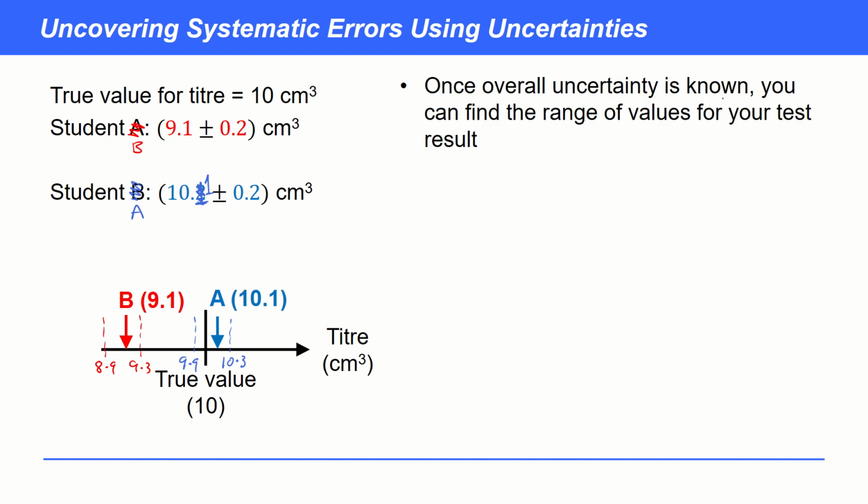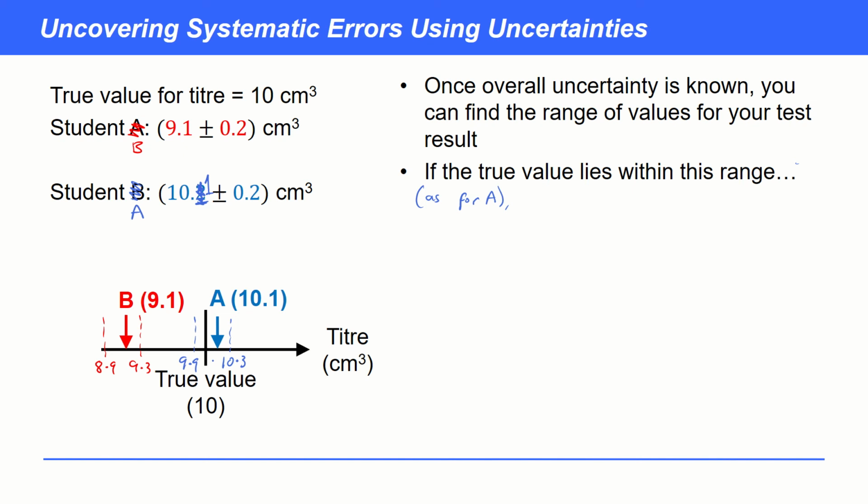And once the overall uncertainty is known, you can find the range. And if the true value lies within the range, as it does for student A, then what you can conclude from that is that student A didn't have any systematic errors, because just this uncertainty from measurements allowed them to find a range of values in which the true value lay.